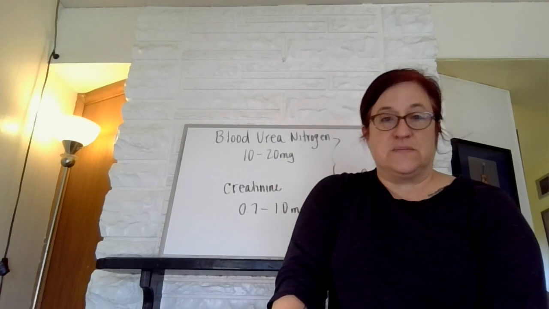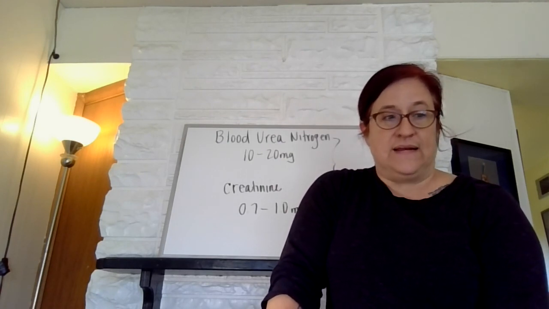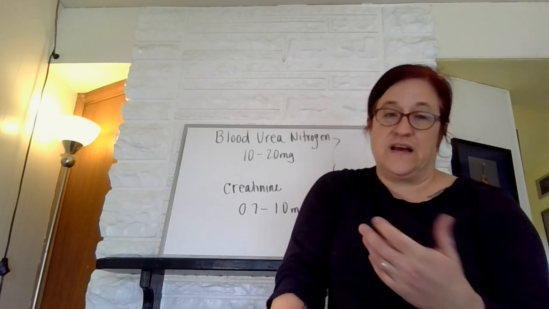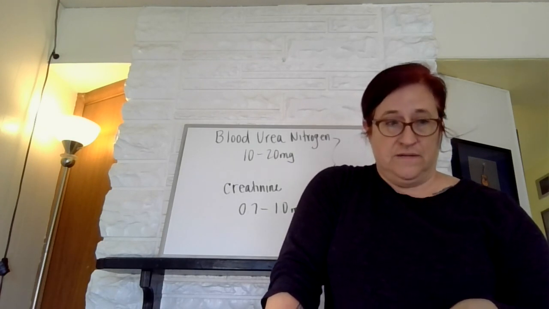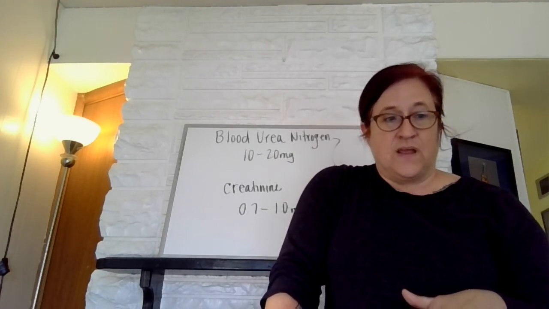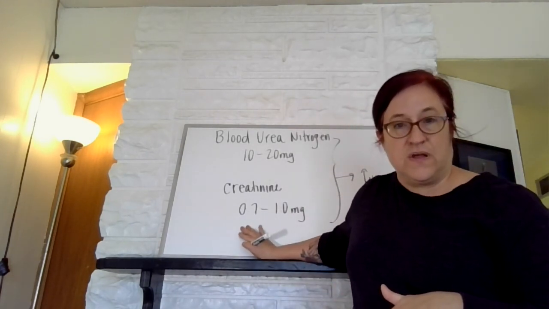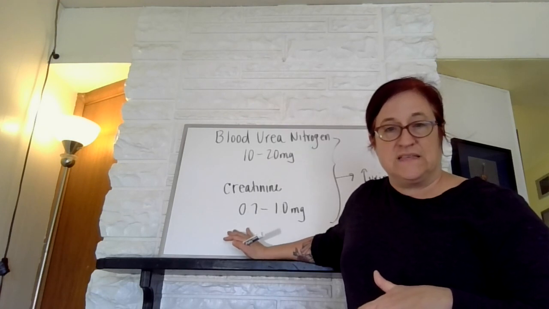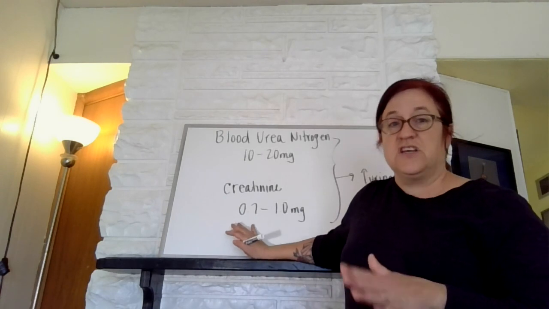So because we expect that the body will eliminate most creatinine, we can use creatinine as an estimate of the glomerular filtration rate. You could actually calculate glomerular filtration rate, which is even more sensitive than the creatinine level. But what this is telling you is if this level goes up, if it doubles, that represents a 50% decrease in nephron function. So it's huge.